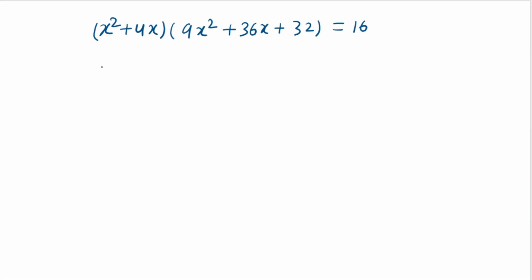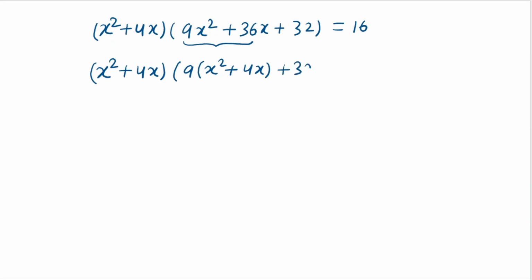Look carefully, here we have x square plus 4x, and here two terms, 9x square plus 36x. If we take common 9, then you will get 9 times (x square plus 4x) plus 32, and this is equal to 16.